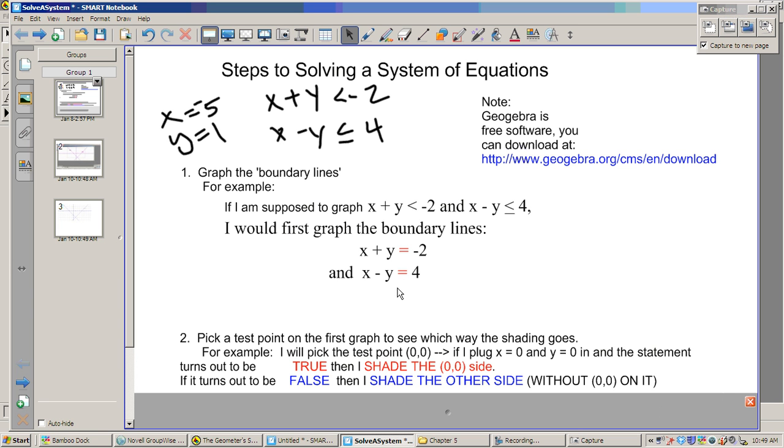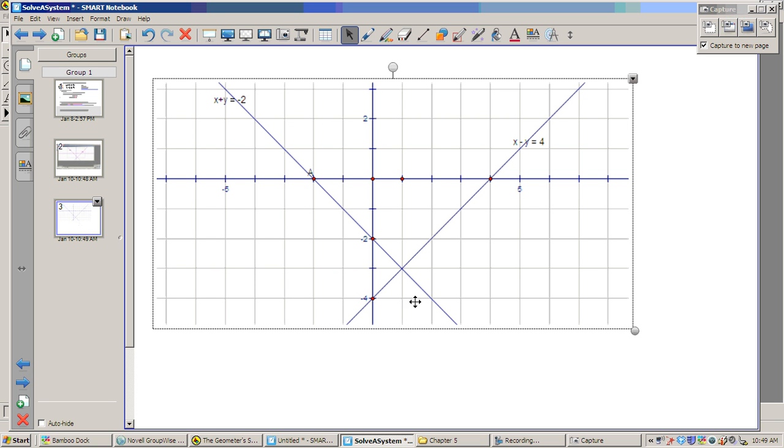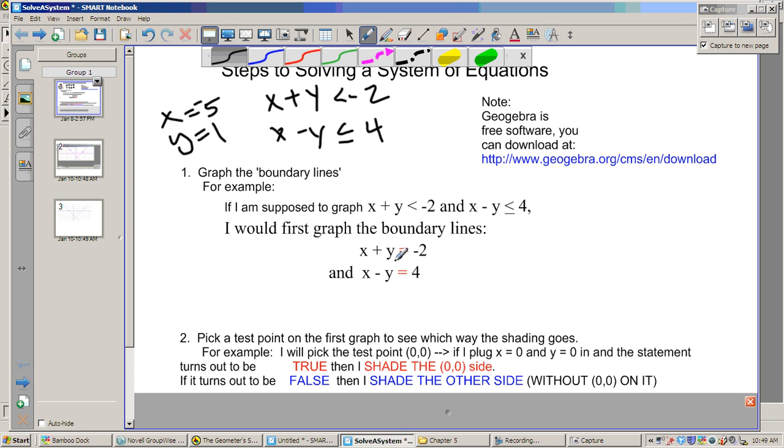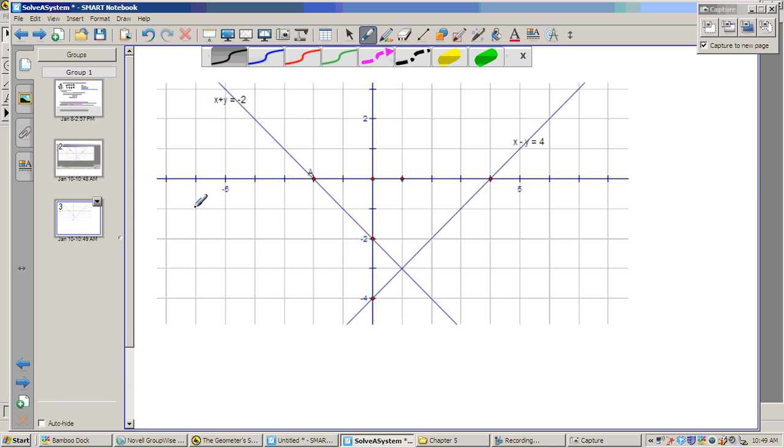So I'll start with the x plus y equals -2. That was this line right here. And in reality, it's supposed to be x plus y is less than -2. So I'm looking for where that line is less than -2.